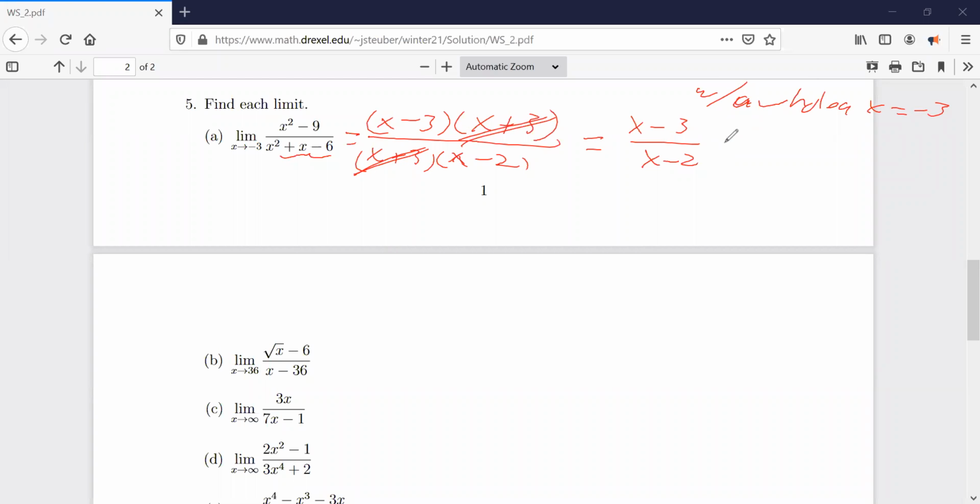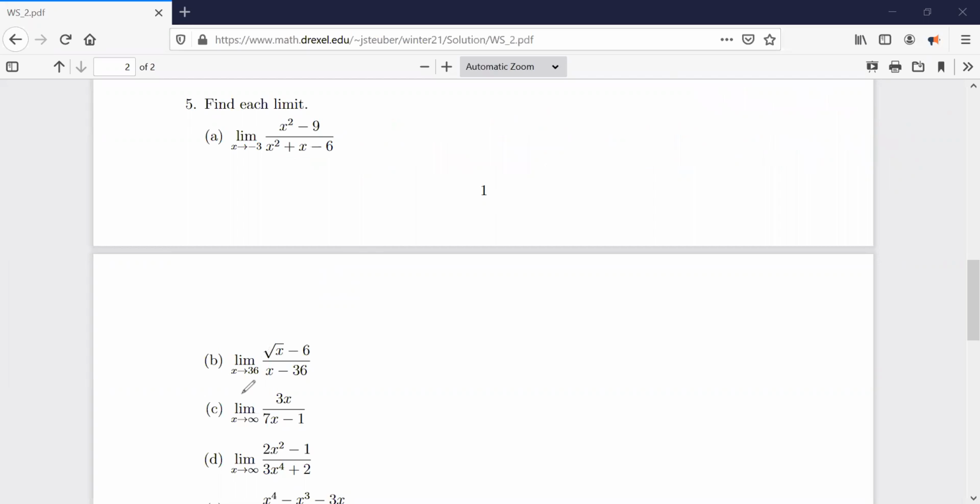So now I can just plug in -3 to this, and that gives me -6 divided by -5, or 6 over 5. Does that make sense to everybody? Cool.